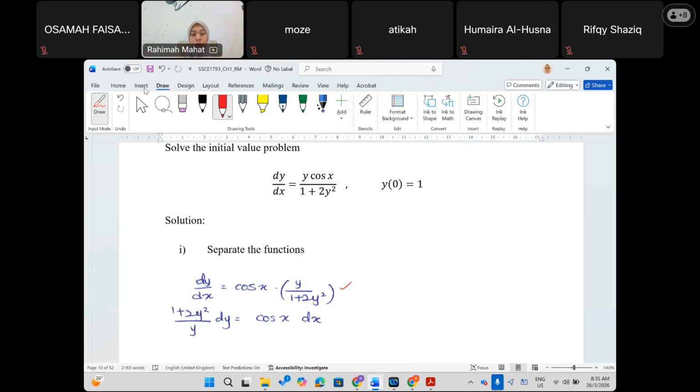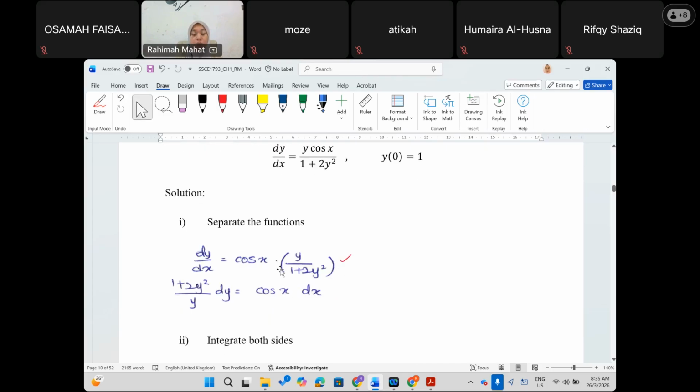After you write in this form, you move all your y to the other side. You swap the numerator and denominator, because dividing by y over 1 plus 2y squared gives 1 plus 2y squared over y.